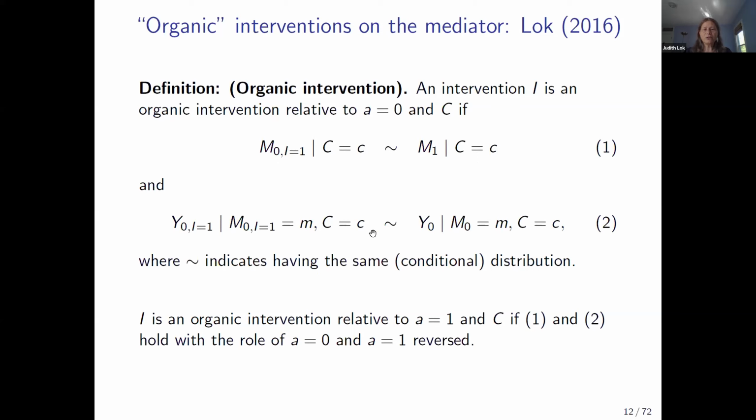The second condition, also given the common causes, if we condition on the mediator being equal to little m, whether that mediator came about without the intervention on the mediator or with the intervention on the mediator, doesn't have an effect on the distribution of the resulting outcome. This wiggly sign here indicates having the same conditional distribution. I is an organic intervention relative to A is equal to 1 and C if these two things hold but with the roles of 0 and 1 reversed.